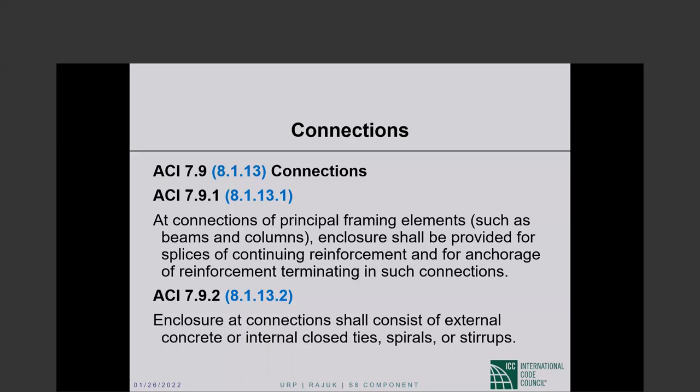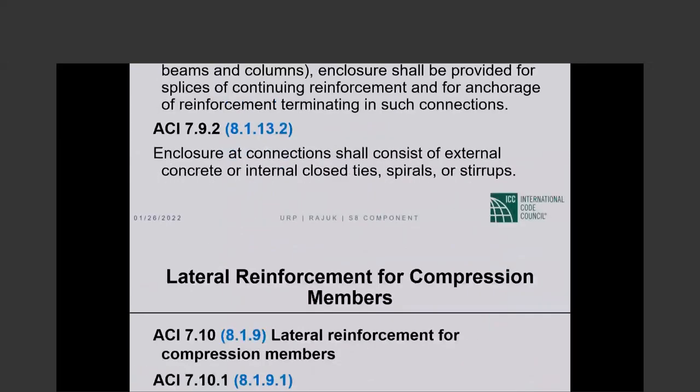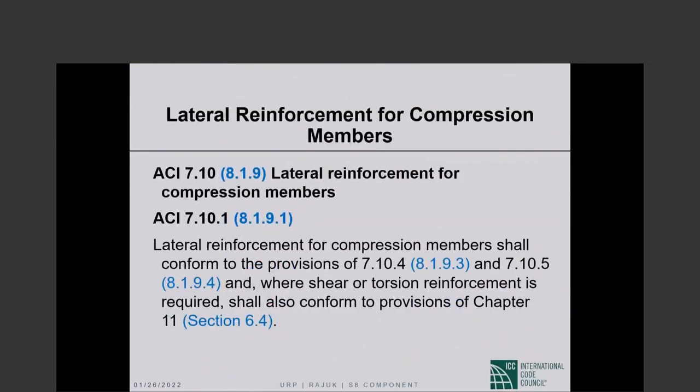Enclosure shall consist of external concrete or internal. So enclosure may be provided by other concrete members framing in, that will be external enclosure, or you can provide internal closed tie spirals or stirrups. That will be enclosure of the splice, for instance. The word closed is important. So enclosure to a splice shall be provided by closed transverse reinforcement. Open stirrups will not do.